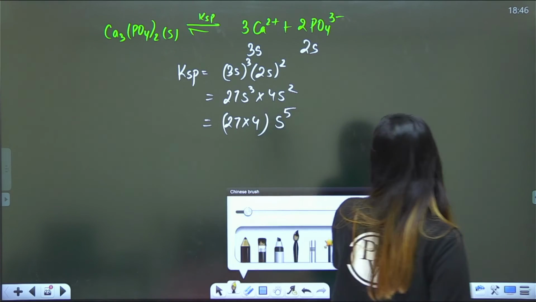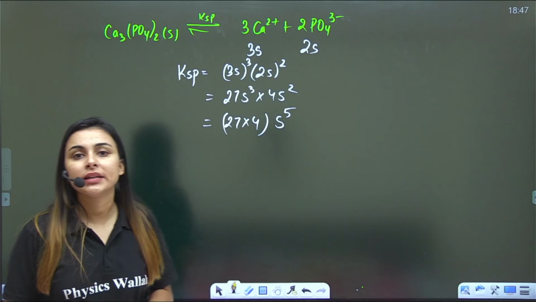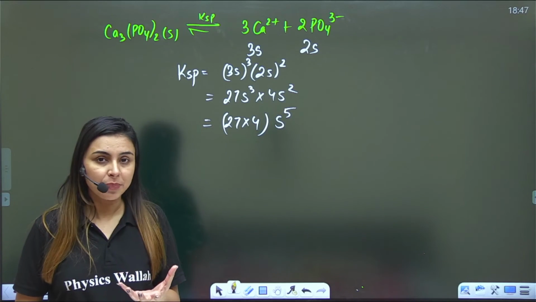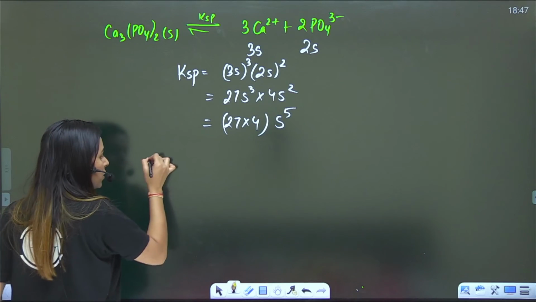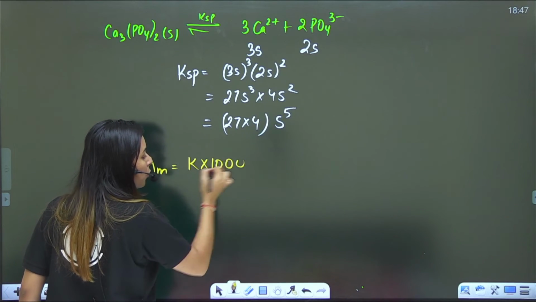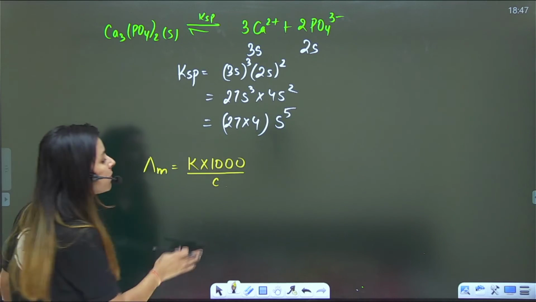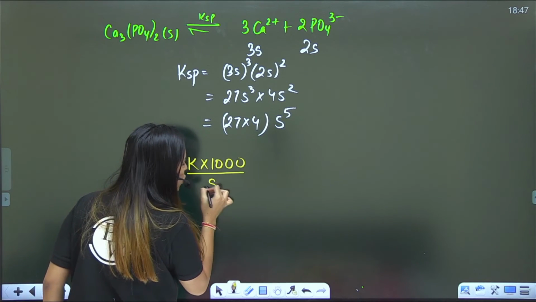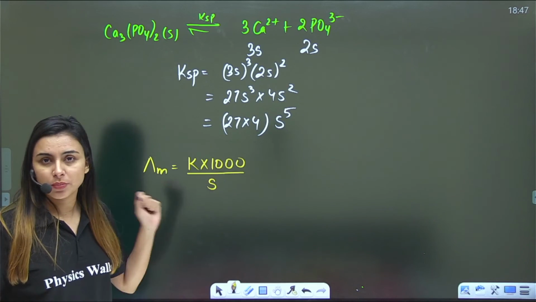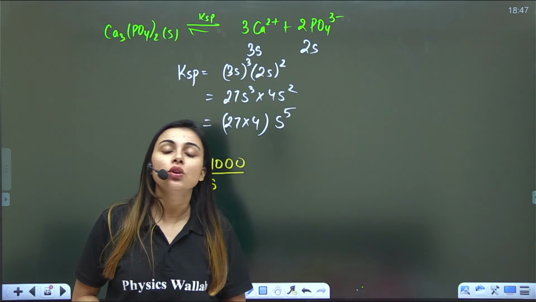This is how you calculate the solubility product. Now, you all know that molar conductivity is equal to K into 1000 upon C, the concentration. So, instead of this concentration, my dear students, you can write the solubility. The unit of solubility is actually moles per liter. It is actually the concentration unit.